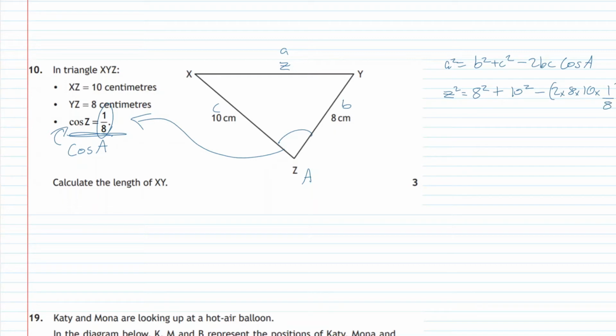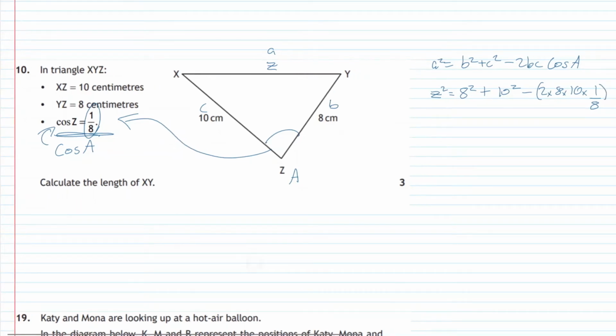And this is a non-calc question, and that's why we've been given the cos of the angle rather than just the angle. Okay, so it's a non-calc unfortunately, so we're going to have to work everything out. So 8 squared is 64, 10 squared is 100, and we're going to take away, we've got 8 at the bottom and on the top, so they'll just cancel.